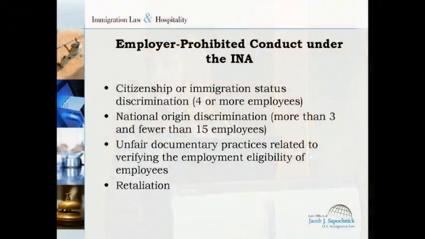So next type of discrimination protected by the Immigration and Nationality Act is national origin discrimination, and it applies to employers with more than 3 but fewer than 15 employees. Employers may not treat individuals differently because of their national origin, because of the language they speak, because they look foreign or they sound foreign.